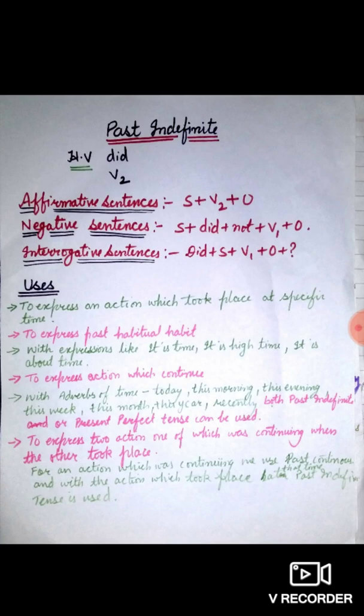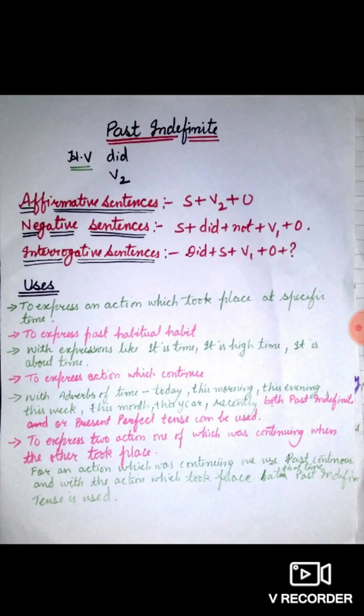Now it is time to discuss the uses of simple past tense or past indefinite tense. First use of past indefinite tense is to express an action which took place at a specific time in the past.